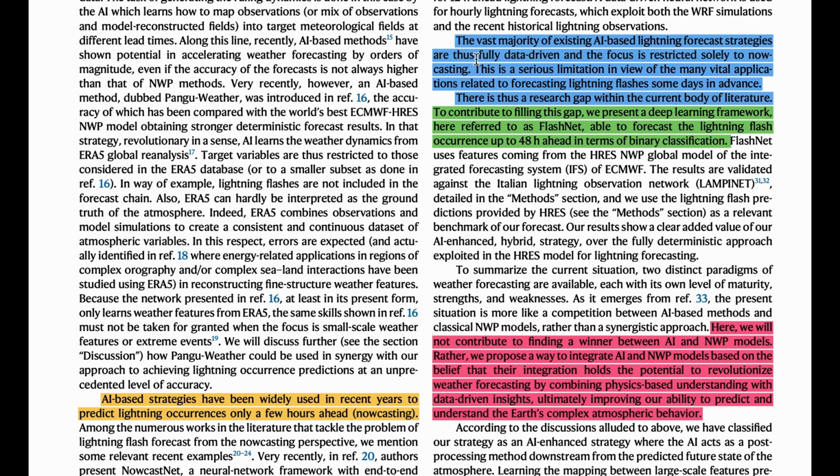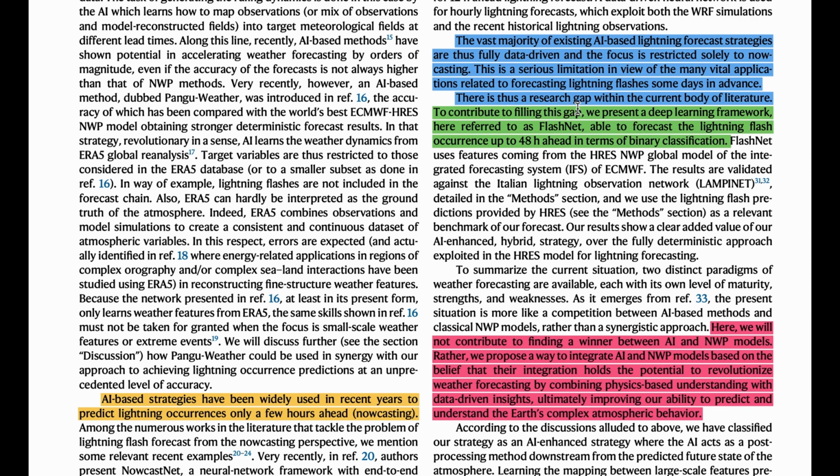Nowcasting, that's a limitation. This is a serious limitation in view of the many vital applications related to forecasting lightning flashes some days in advance. What they want is not only a few hours ahead prediction, but some days in advance.